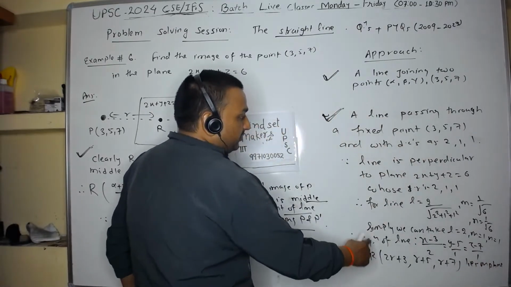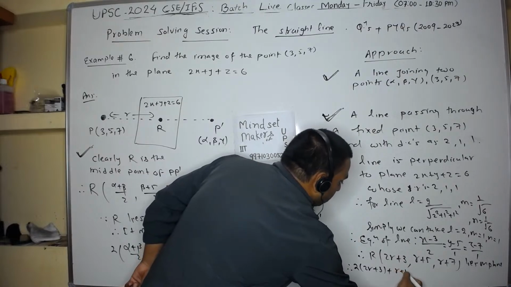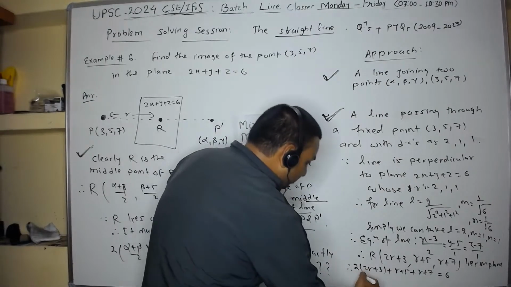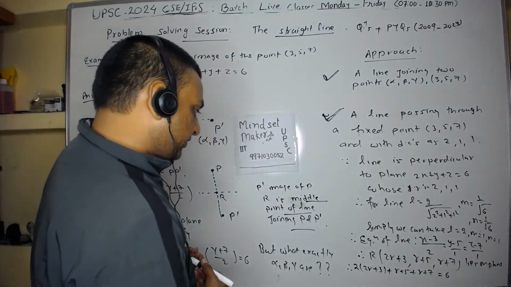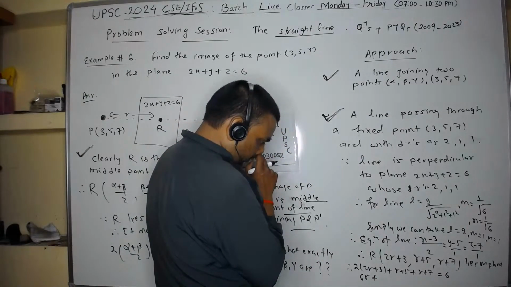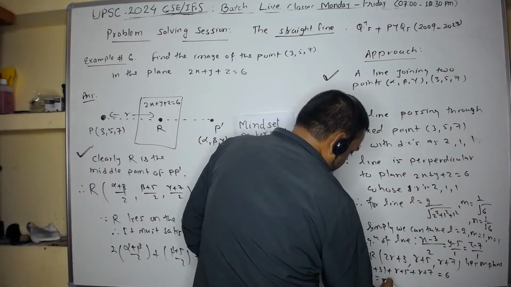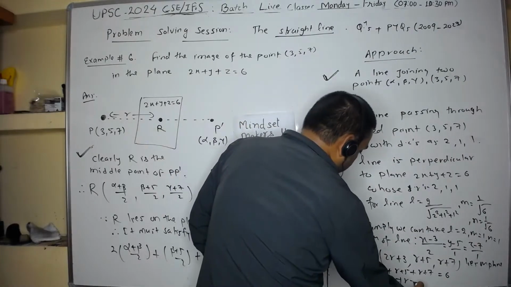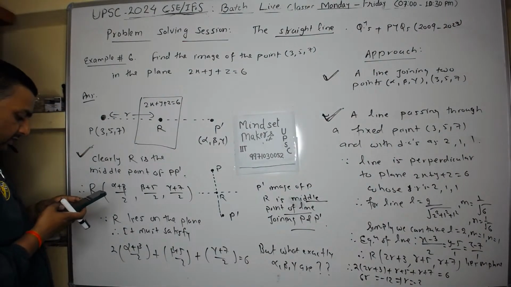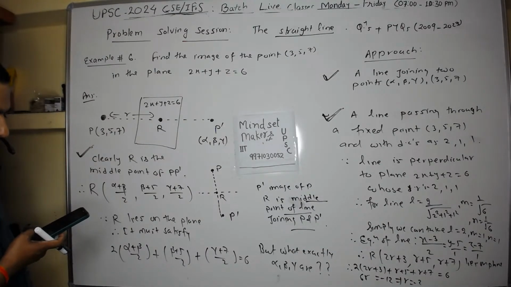So if it lies on the plane, it must satisfy 2 into 2r+3 plus y plus z equals 6. What value of r will we get from here? 4r, so 6r plus how much, 3 plus 2 is 6, 11, 18. Again why is the value of r coming as -2? But wait, let me check this. It is getting -9r. 4r, 5r, 6r is coming.